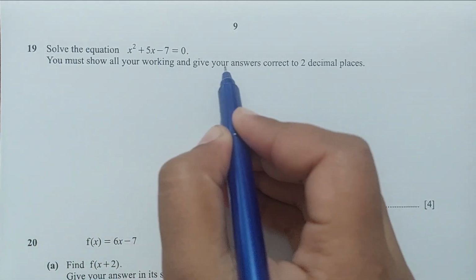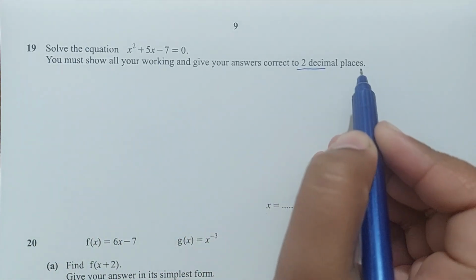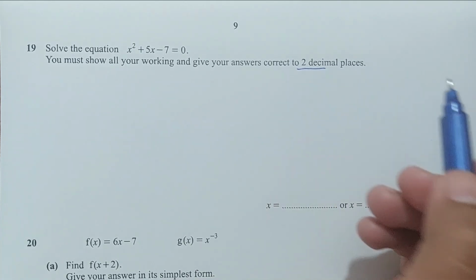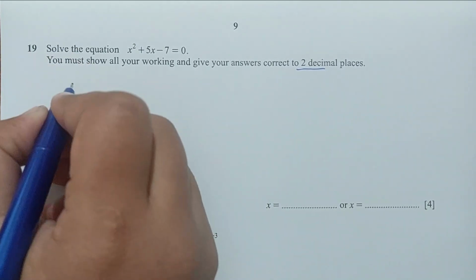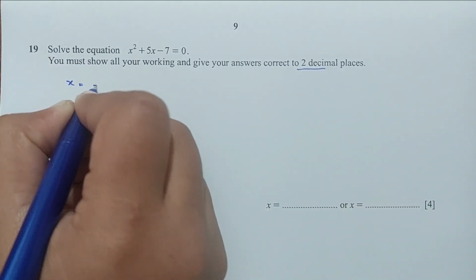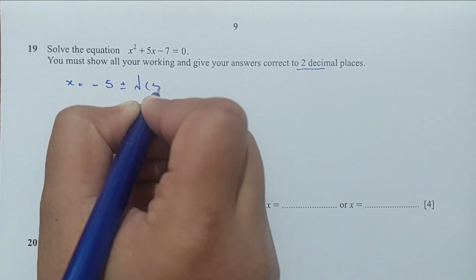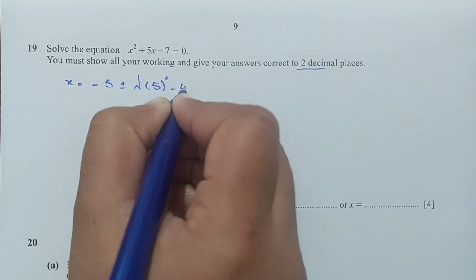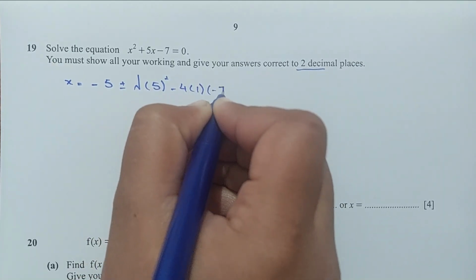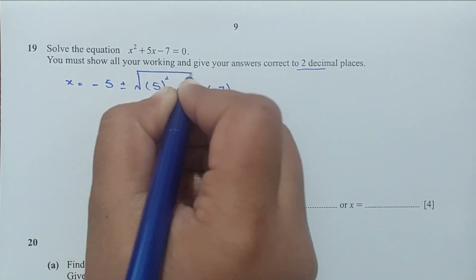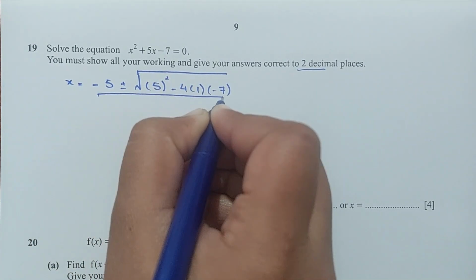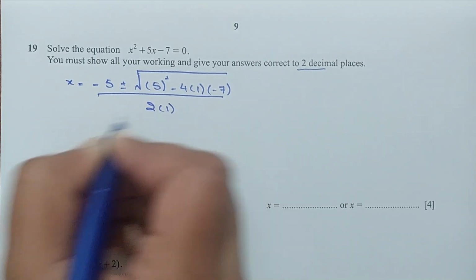You must show your working and give your answer correct to 2 decimal places. It's a quadratic equation. Let me apply the quadratic formula to get the roots. So x equals negative b plus minus the square root of b squared minus 4 times the a value and the c value, divided by 2 times a, which is 1, right?